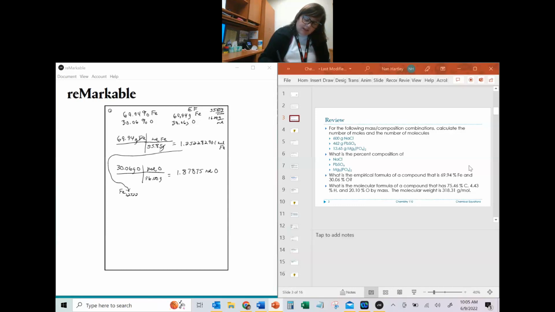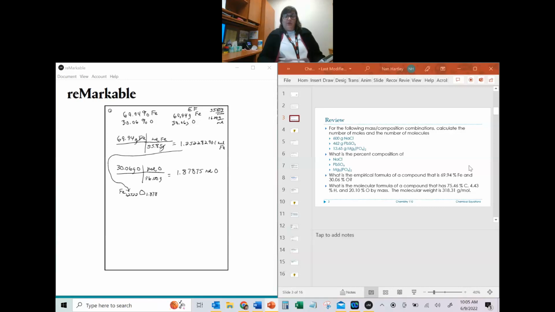And then O, 1.87875. Now I need to figure out what the actual ratio between those two things is. So I divide everything by this lower number, 1.2522, and so on.